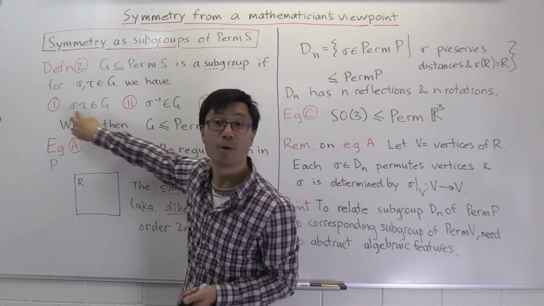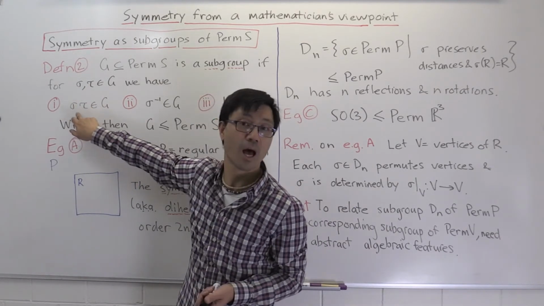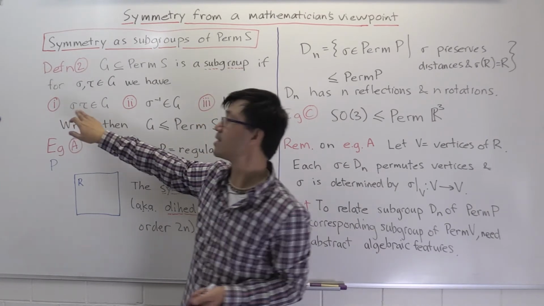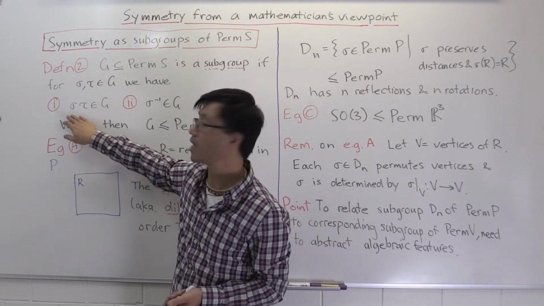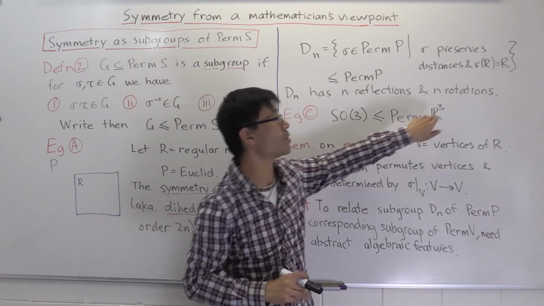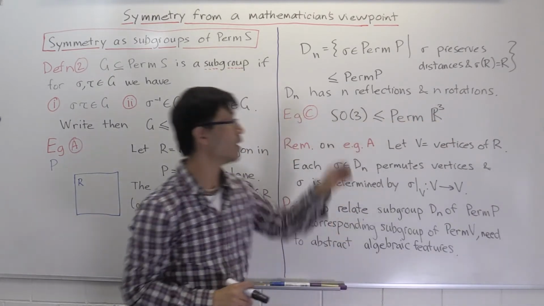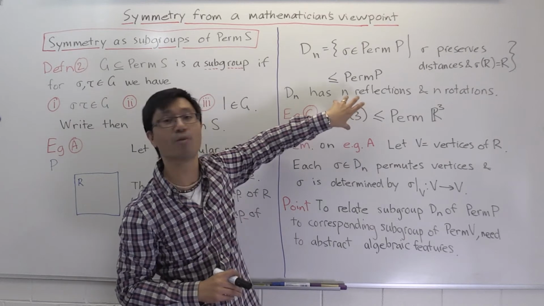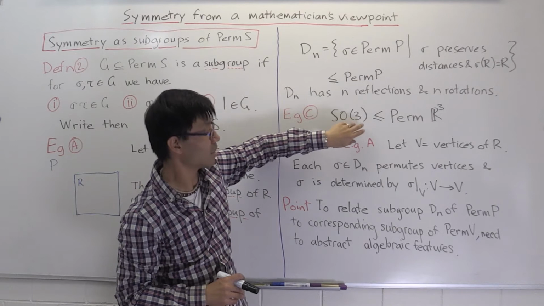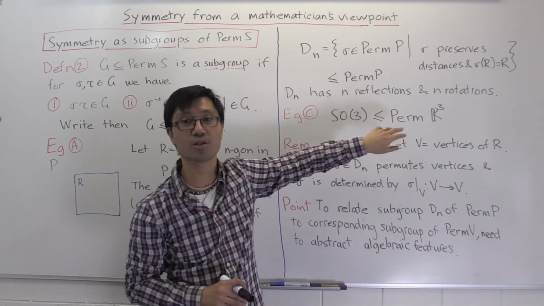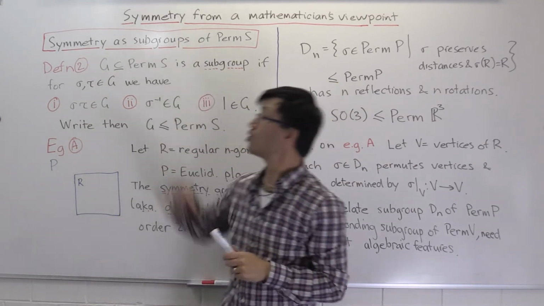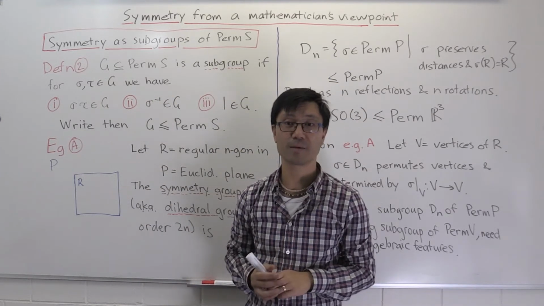Each of these has determinant 1, so the determinant of the composite is the product of those, which is 1. And since these are orthogonal matrices, it's easy to check that the composite is orthogonal as well. So this is indeed a subgroup of the permutation group on R^3. And the symmetries of empty space, if you're looking at it from a fixed observer, SO(3), does indeed define a subgroup. So we can put that idea of symmetry into this framework.